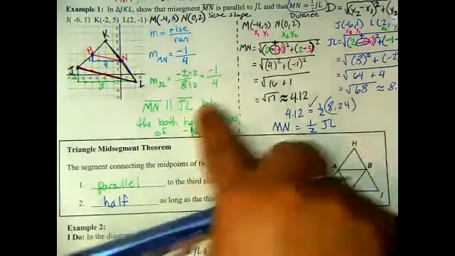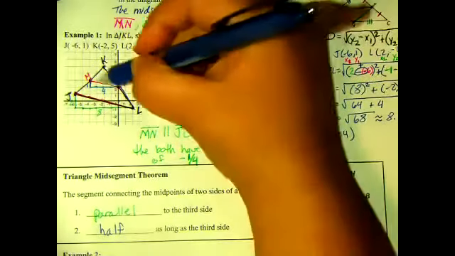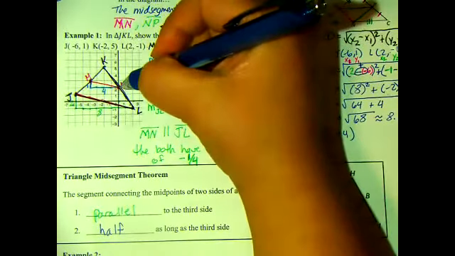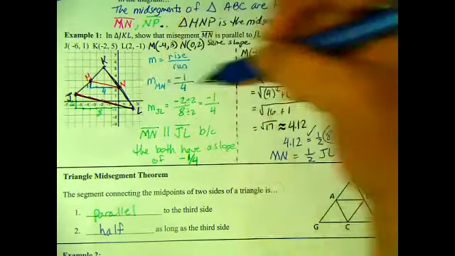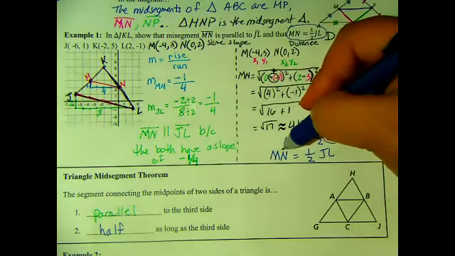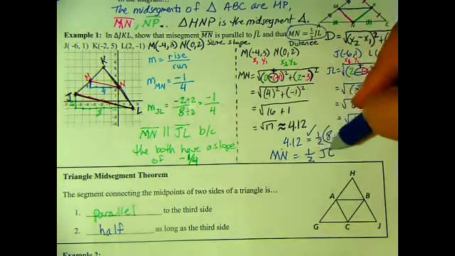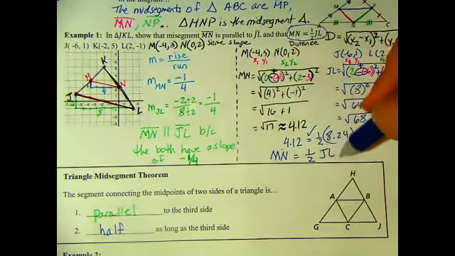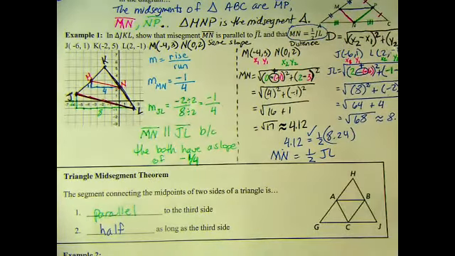Aka what we just showed here, right? Our midsegment MN was parallel to this third side JL, and the length of MN was half of the third side, which was JL. So we just showed all that.